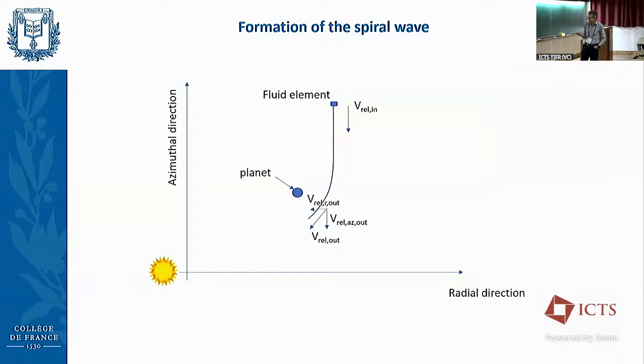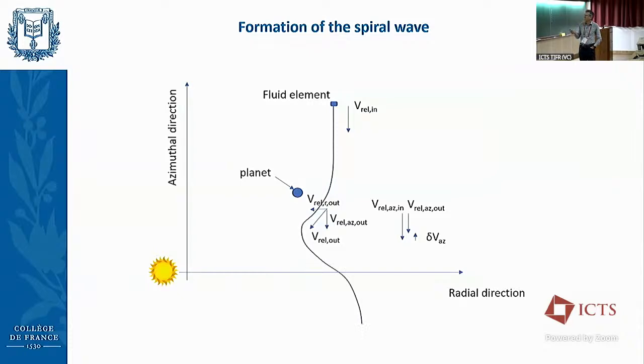So this encounter has created a change in the azimuthal velocity of the fluid element directed in this direction, which means that the fluid element is accelerated along its orbit, receives a positive force. And if you accelerate something in orbit, what happens? It goes out.